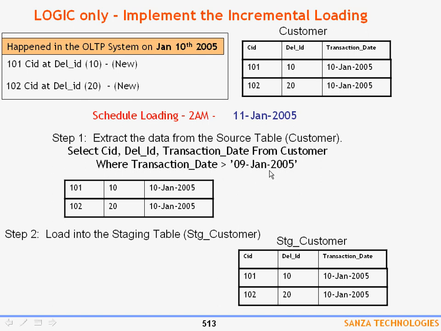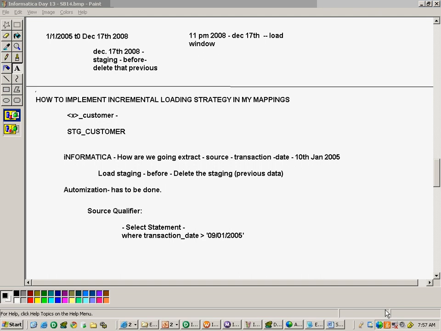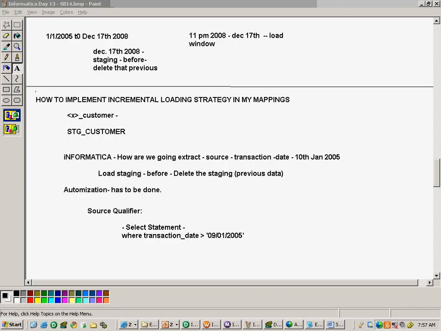Next day, what will you say? Greater than what will you say? I'll do the automation in a few minutes. Next day, in the source qualifier, the transaction date should be greater than what?